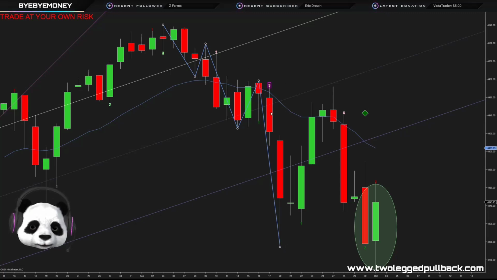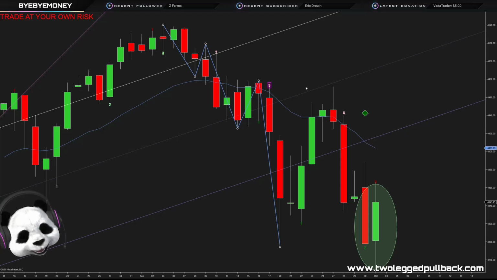Now, this move down here is, to me, confirmation that the reversal has happened. Not that it's just a reversal, but a confirmed reversal. Now, it's even more confirmed because of the previous pivot high, right?